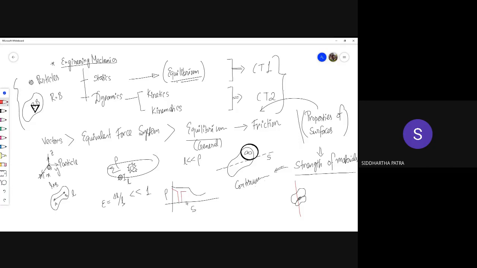Then it starts on the other grain, and then it is non-existent. So basically it's a discontinuous curve in reality. However, in the domain of strength of materials, we consider them to be a continuum, which means the property is changing continuously. There is no gap.